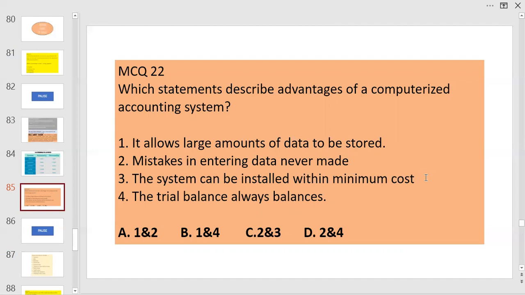Suppose you select a package with standalone bookkeeping or accounting; that may cost something.